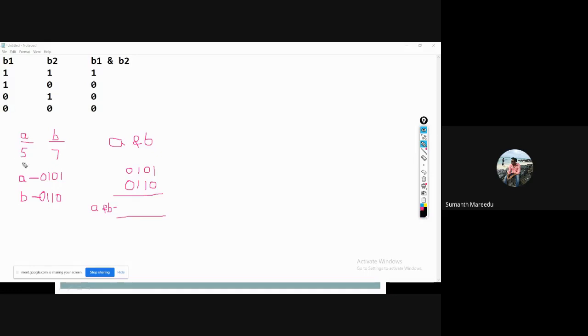You can look at the table: 0 and 1 is 0, 1 and 1 is 1, 0 and 0 is 0. So the result is 0 1 0 0. What is the decimal number of this 0 1 0 0? That is 4.